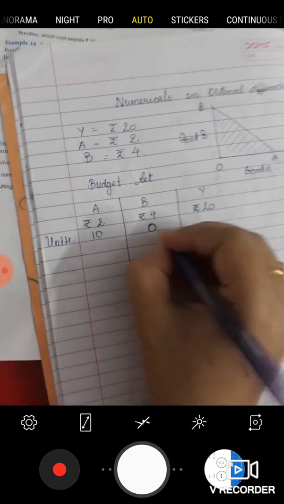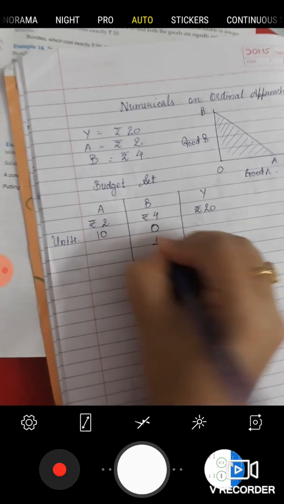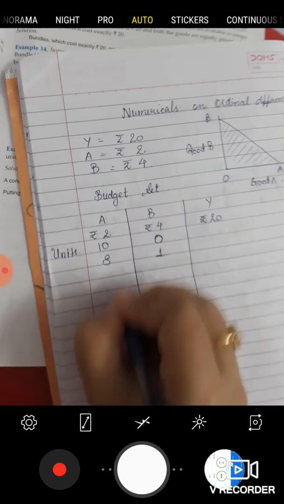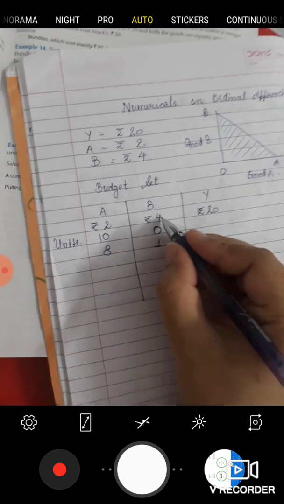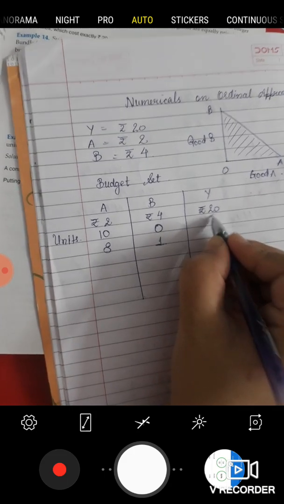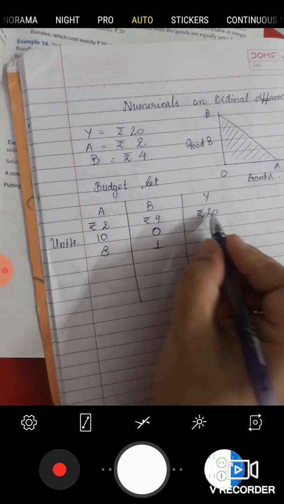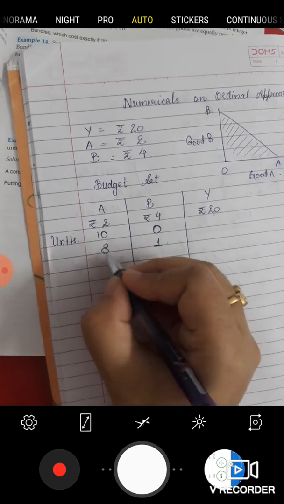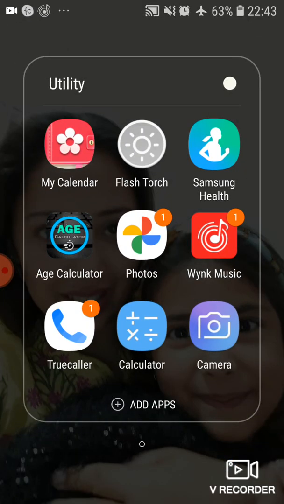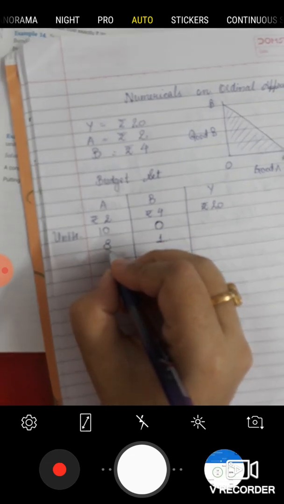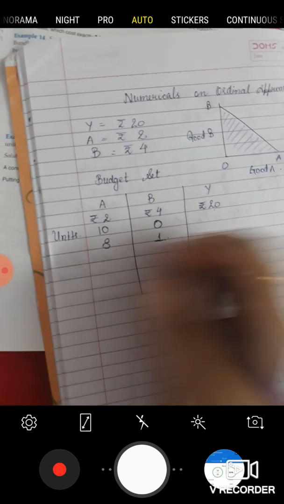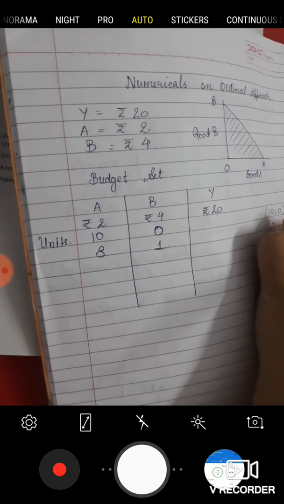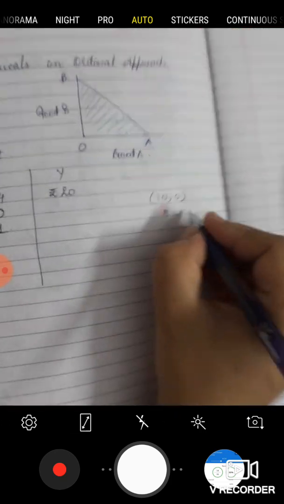Next, if 1 unit of B is being purchased, how many units of A? 8. How is it possible? 1 unit is for 4 rupees, we are left with 16, and at 2 rupees each, commodity A gives us 8 units. These are the different combinations: 10, 0 and 8, 1.